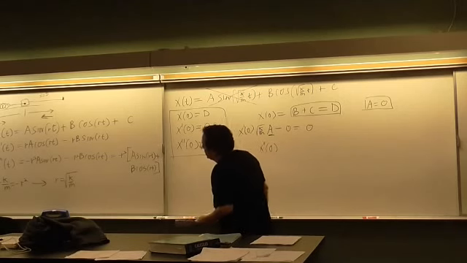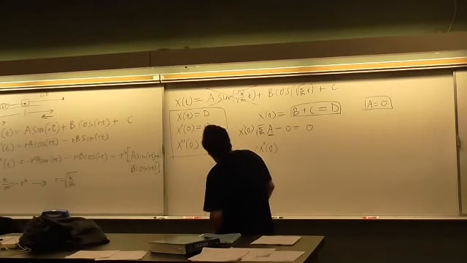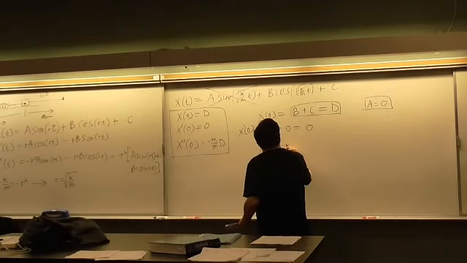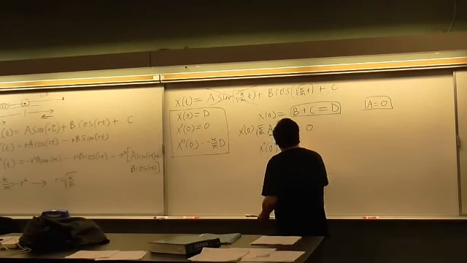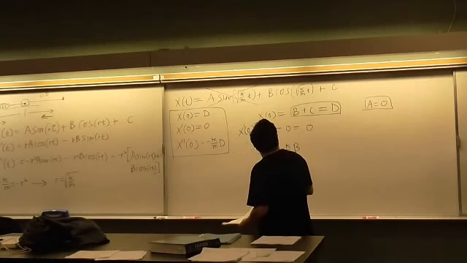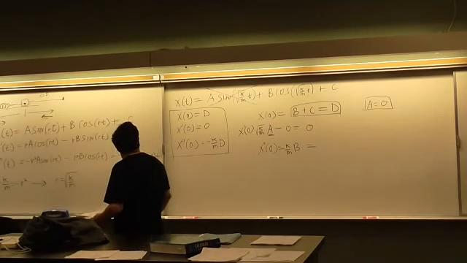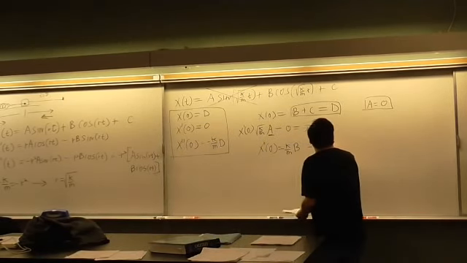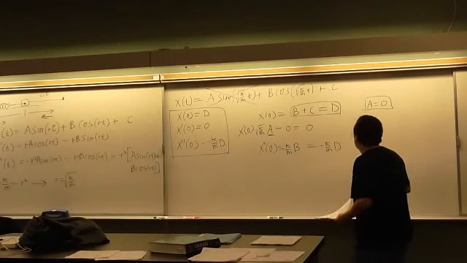So the acceleration at 0 is now negative r squared, or negative k over m, times b cosine of 0, which is 1. But we know that's equal to what? Minus k over m times d. So that tells us b equals d.